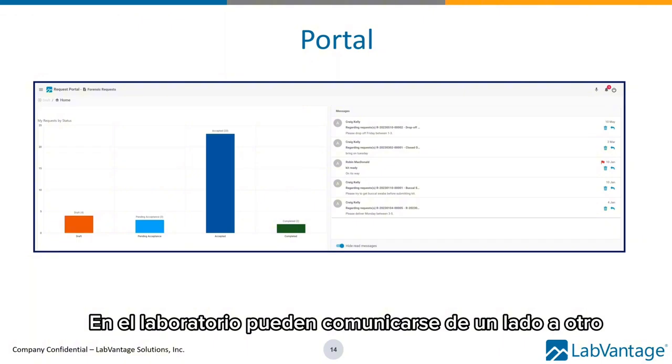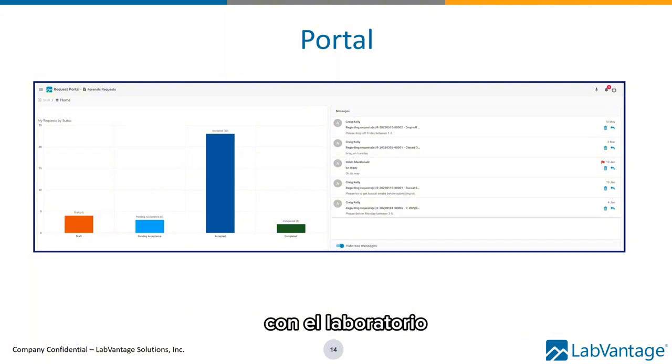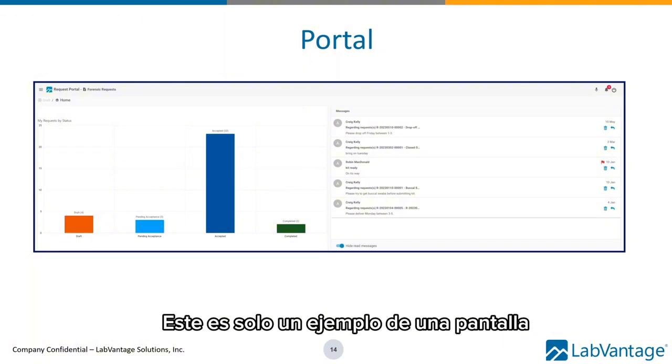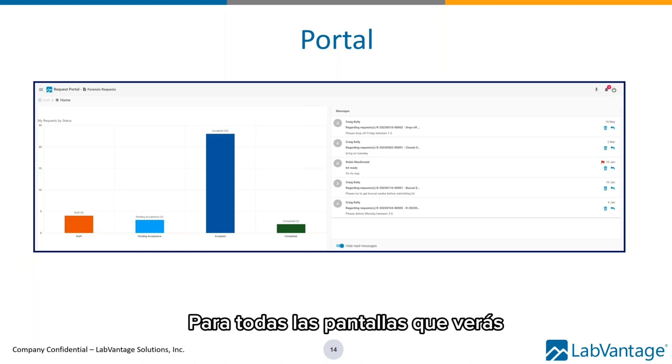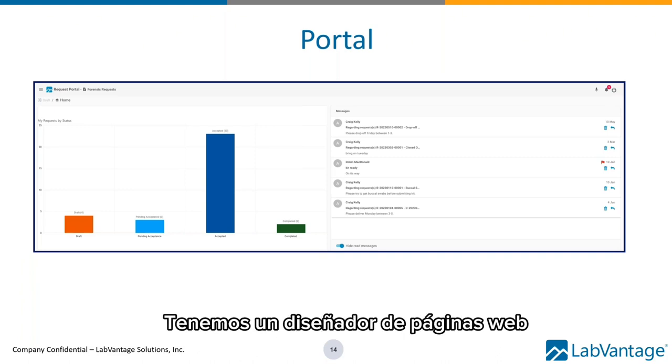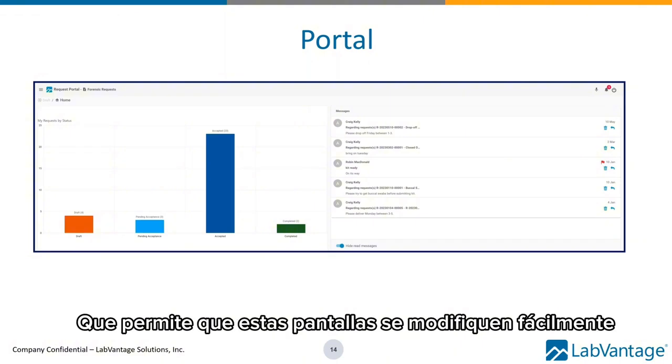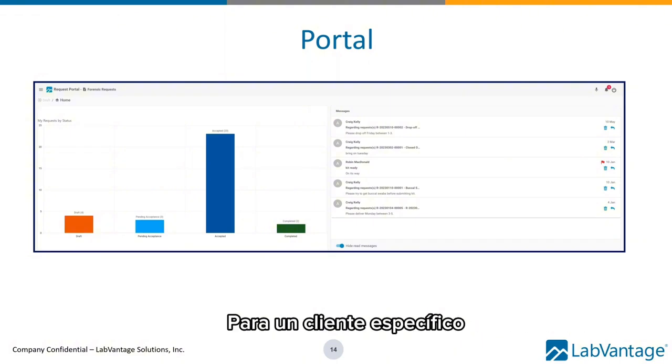They can communicate back and forth with the laboratory. This is just one example of a screen, and it's important to understand that for all of the screens that you will see, they are all highly configurable. We have a web page designer that allows these screens to be readily modified for a specific client.